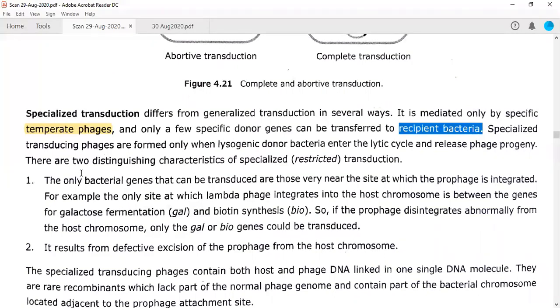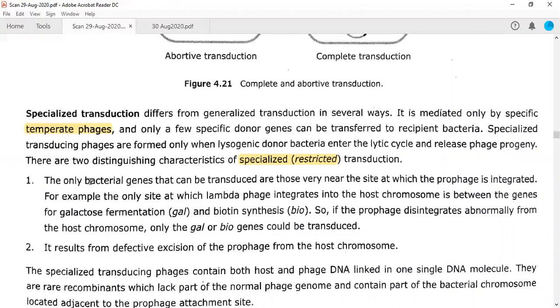That's fine. This is also called restricted transduction, because only the restricted genes are able to transfer from one bacterial cell into some other bacterial cell.